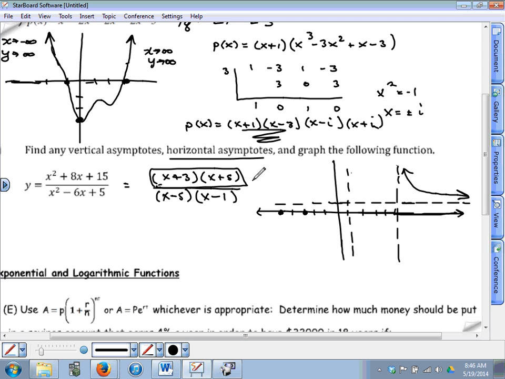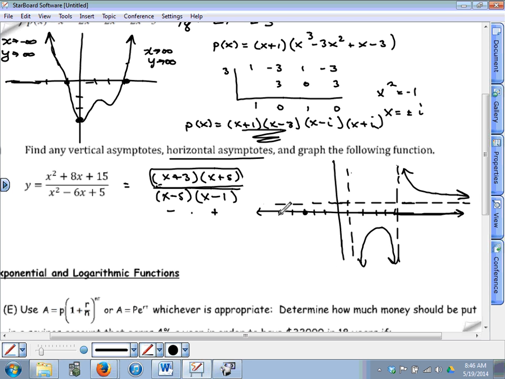Actually, it might be. Let's check. Plug in a 2. If we plug in a 2, well, no, this is going to be negative. That's going to be positive. Negative times a positive is a negative. So yeah, it's down here. Yeah, good catch.